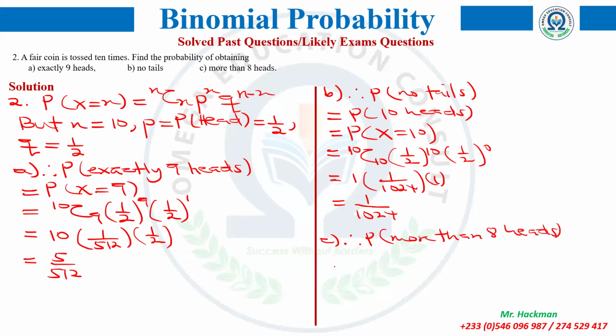So we know that P of more than 8 heads is the same as what? Is it greater than or equal to 8 or strictly greater than 8? Strictly greater than 8.